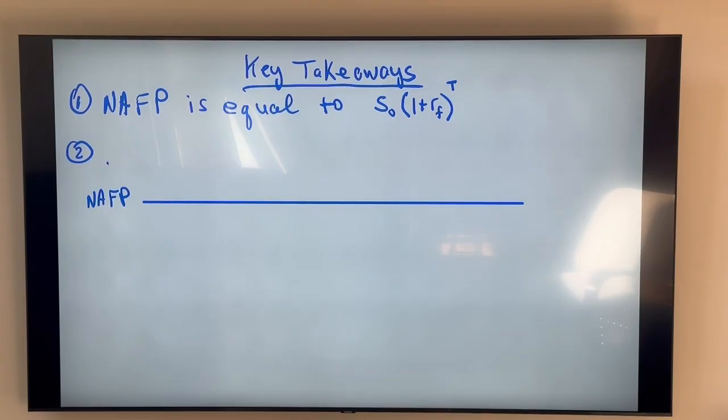So if the market price is above it, then you're going to have what is called cash and carry.